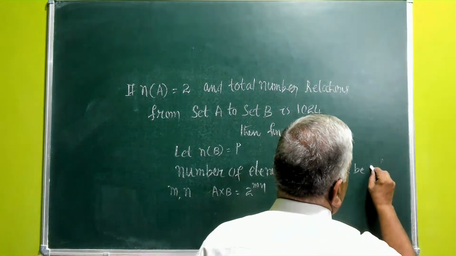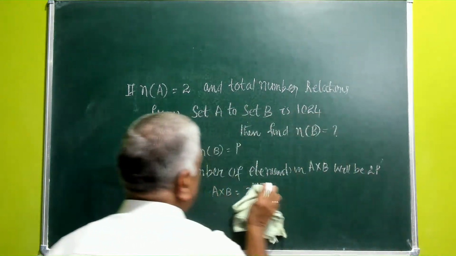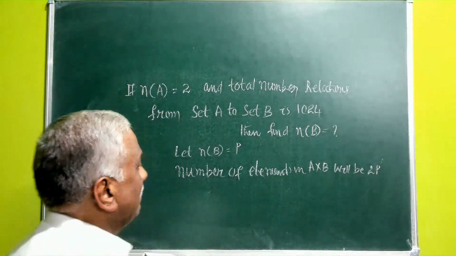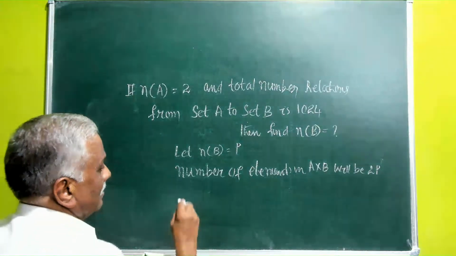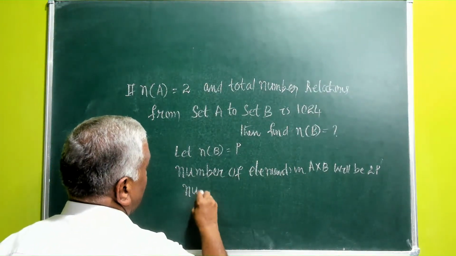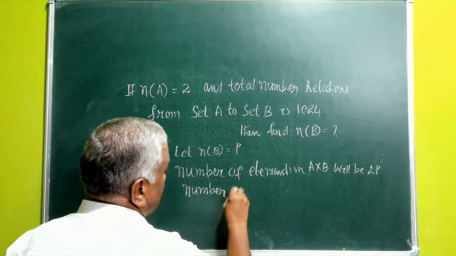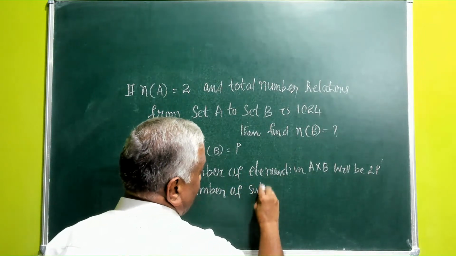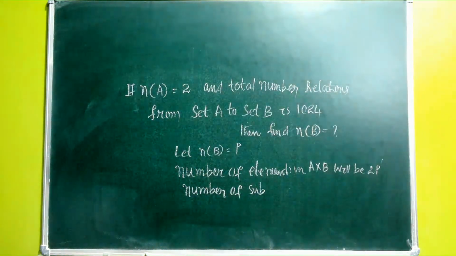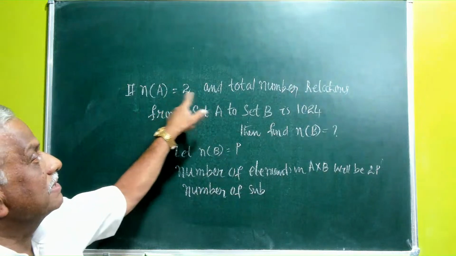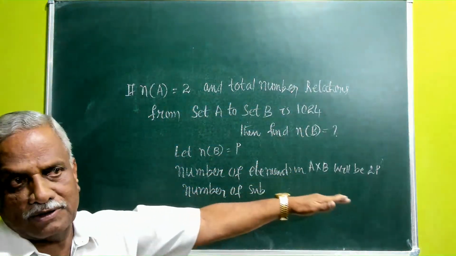We'll have 2p elements. Sorry. A cross B will have 2p elements. So the number of subsets of A cross B: if A has m elements and B has n elements, A cross B will have mn elements.